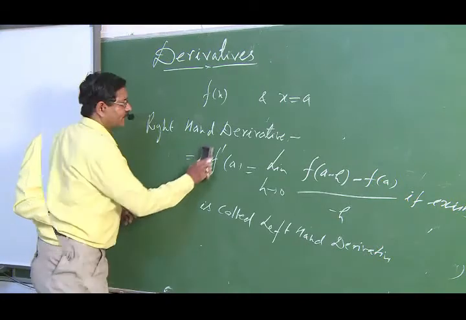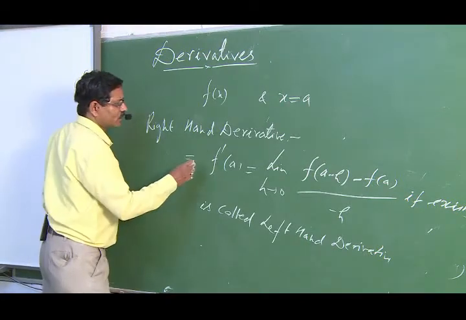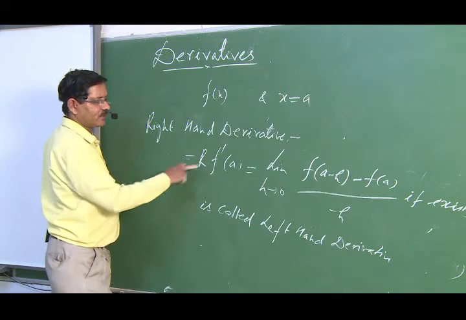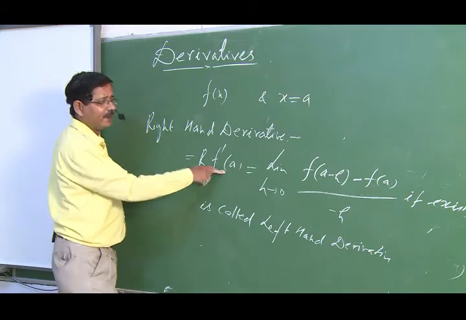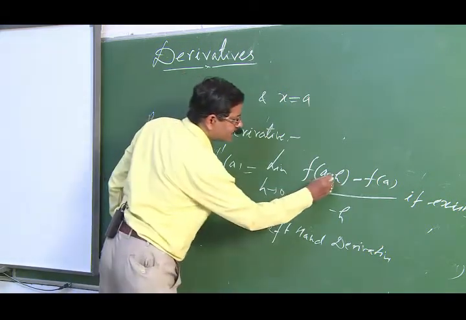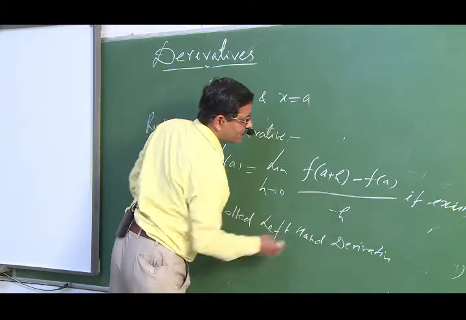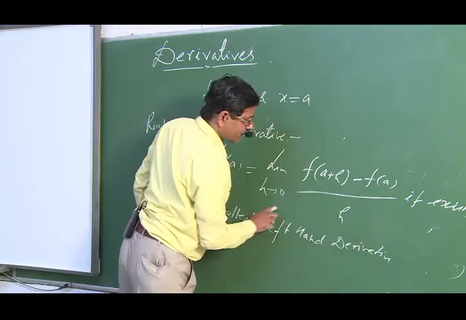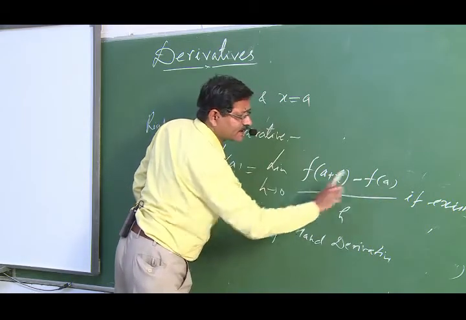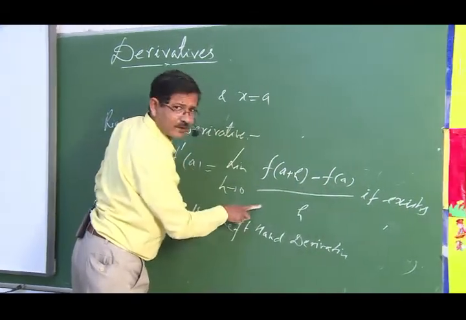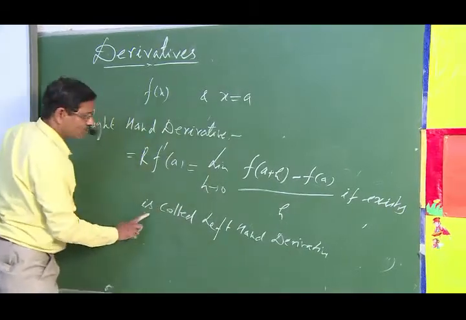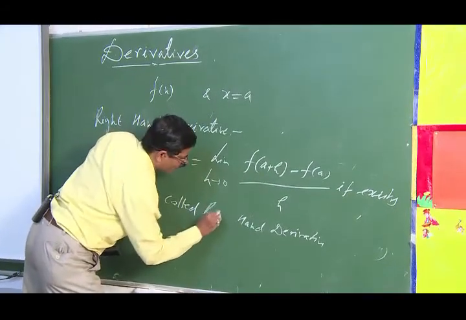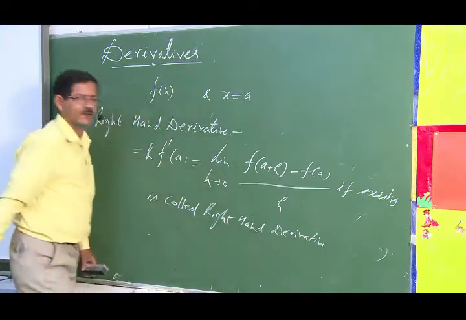Similarly, we define the right hand derivative, denoted by Rf'(a), and defined as the limit h tending to 0 of f(a + h) - f(a) upon h, if it exists. If this limit exists, meaning this limit is finite and real, it is called the right hand derivative.